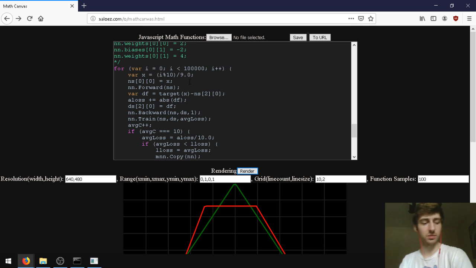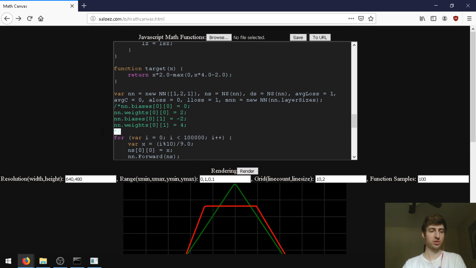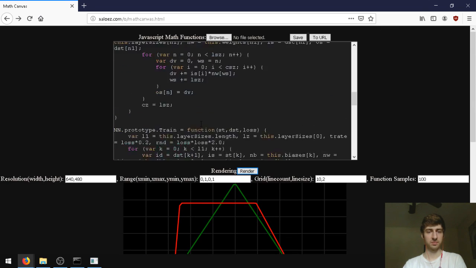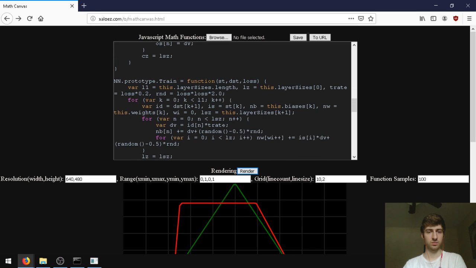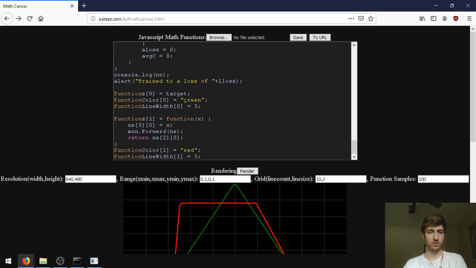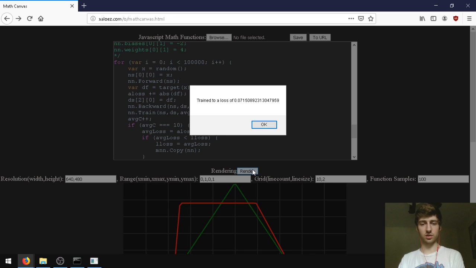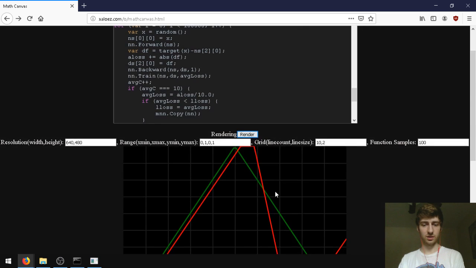Isn't it supposed to be random just at the start of learning? It is. But yeah, I was trying it with a fixed hidden layer. Gain loss times 0.2 plus random. Yeah, I don't know. I guess maybe the random does actually work better here. No, it didn't. What the heck?